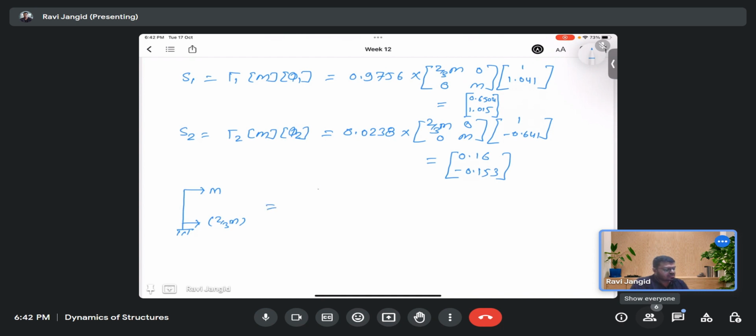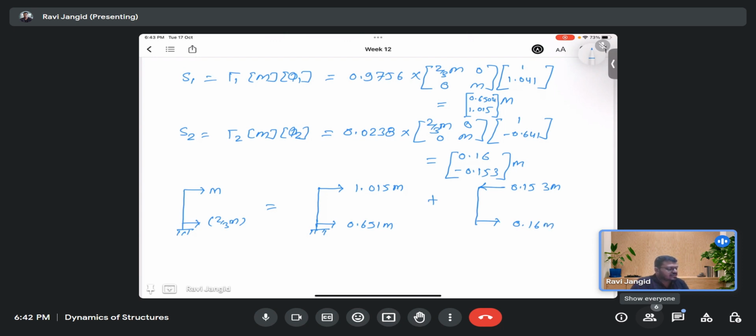So that would be 1.015 m, and at this it would be 0.651 m, plus at this it is 0.16, at this it is 0.153 m.